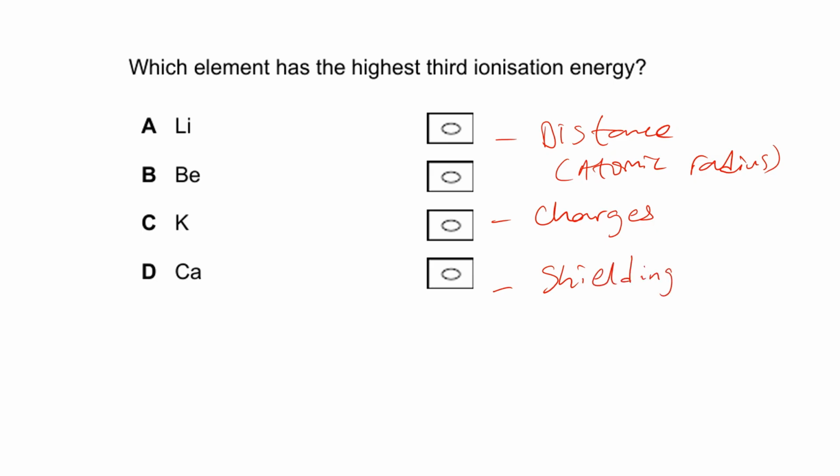If you check my video on ionization energy, I explained the concept of how these factors affect ionization energy. Then you also need to know the trend of ionization energy in the periodic table. Across the period, the ionization energy increases, and it decreases down the group.